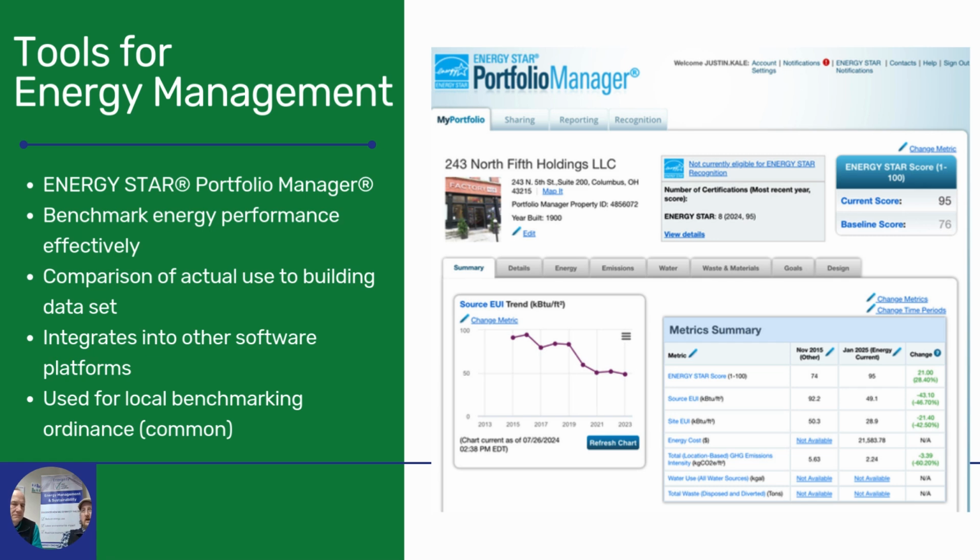Columbus here, about 5 or 6 years ago, got a benchmarking ordinance where they require buildings of a certain size to actually submit the energy data, and then it's used in comparison to what's happening in the community, as Columbus has adopted a climate action plan. What are the things that they are doing at the city, but then also encouraging the residents and the businesses to do as well. And this is kind of a scorecard tool.